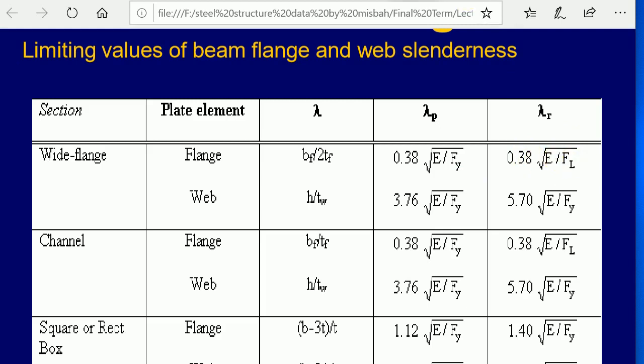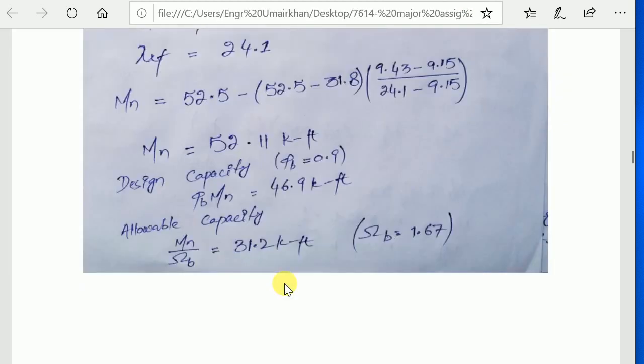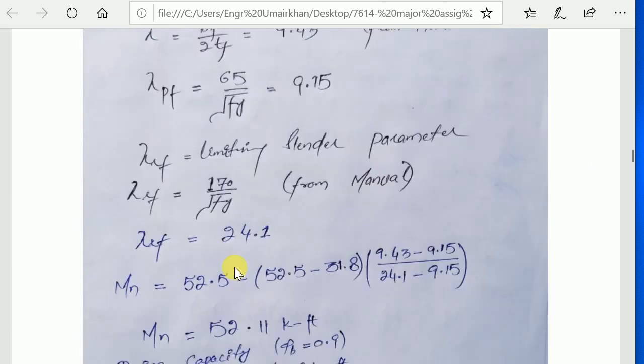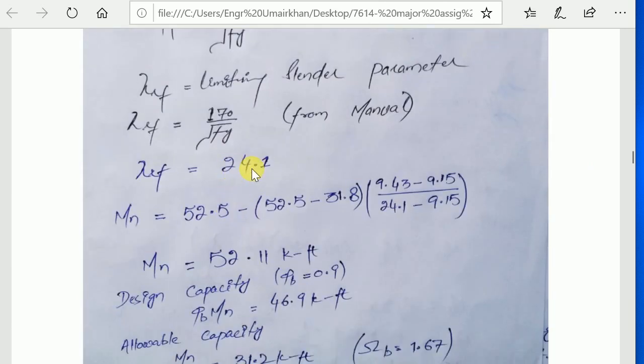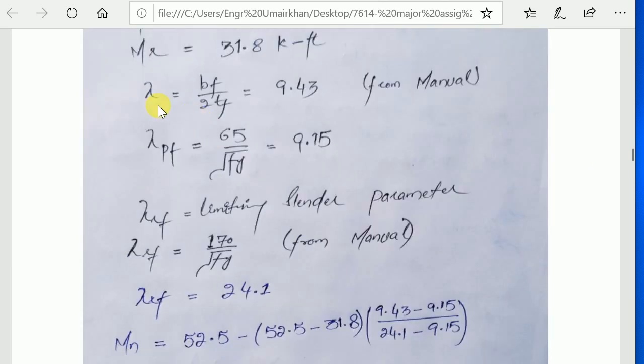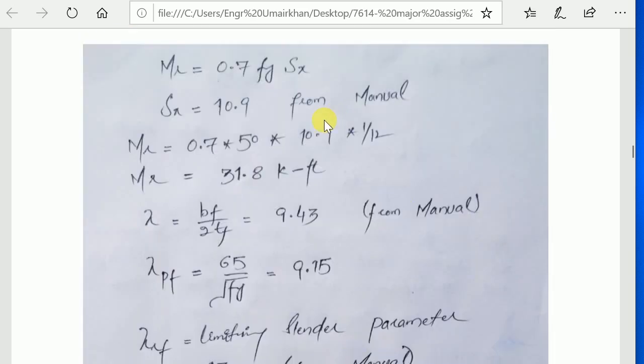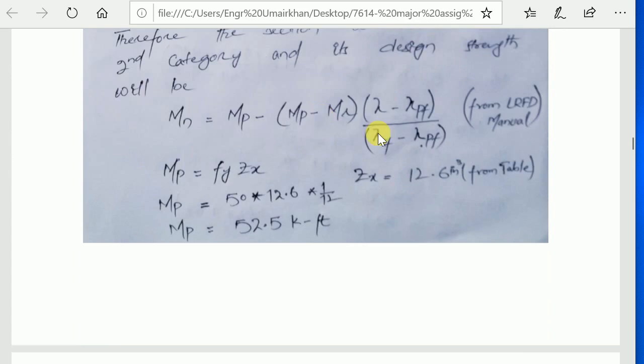So your lambda rf is 24.1. We see that our lambda is more than lambda pf, but less than lambda rf. So this is a second category beam, and for a second category beam we have to use this formula. Clear? Just plug in the values you got for Mp, Mr, and lambda pf, and you get your desired answer, that is your Mn.